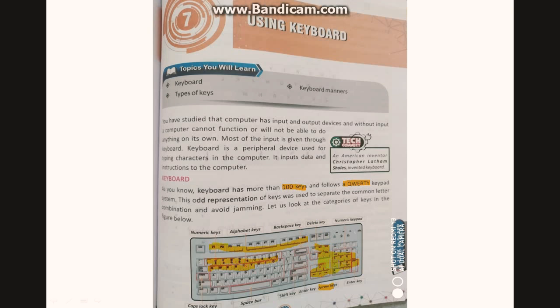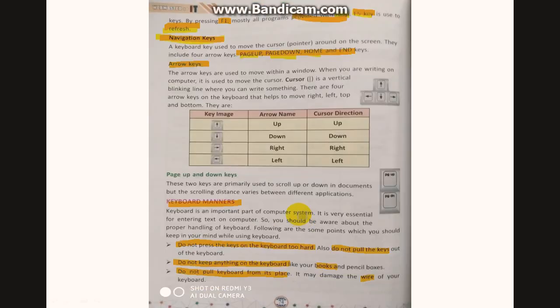So I hope you have located those keys in the picture of the keyboard. These are used to go one page up, one page down. Home is used, suppose you are on the 5th page, you want to go to the first page, you press Home, it will directly go to the first page, and End goes to the last page. So these are called navigation keys, and there are 4 of them.